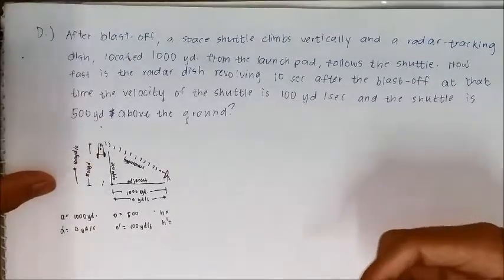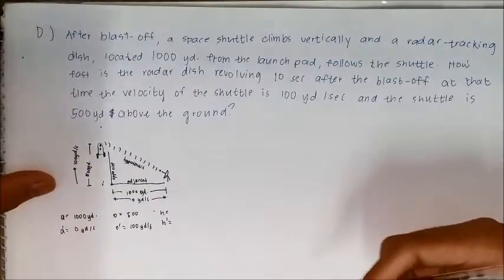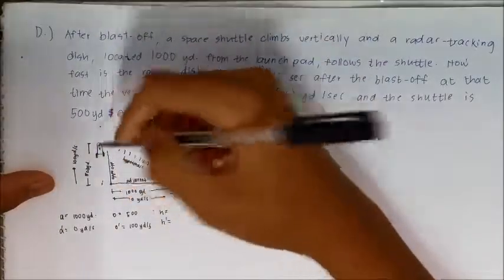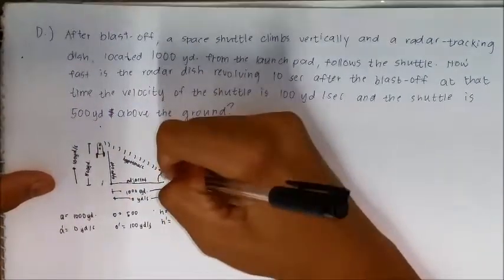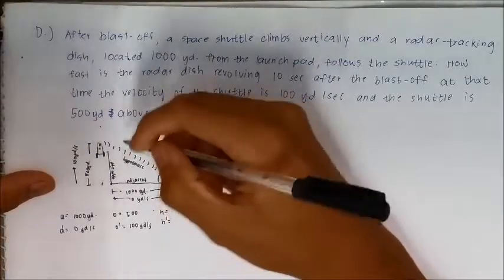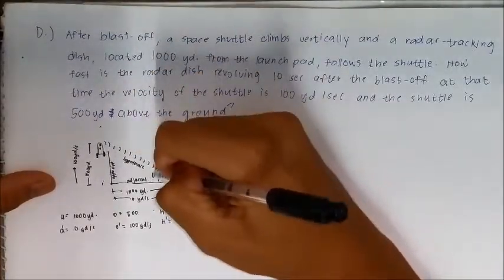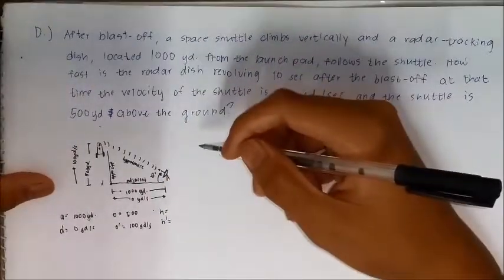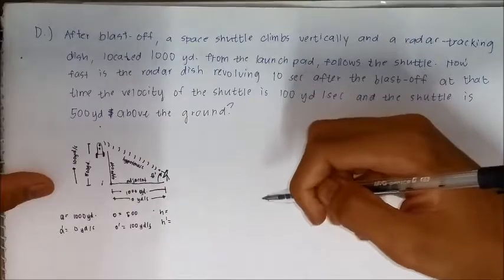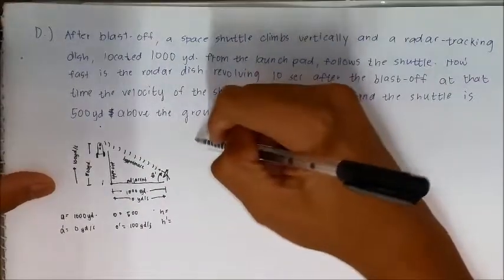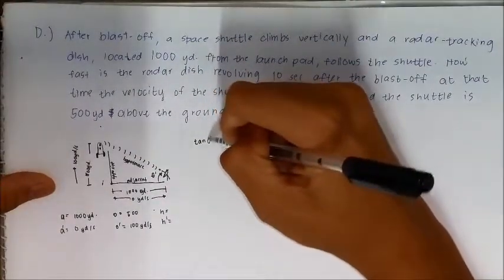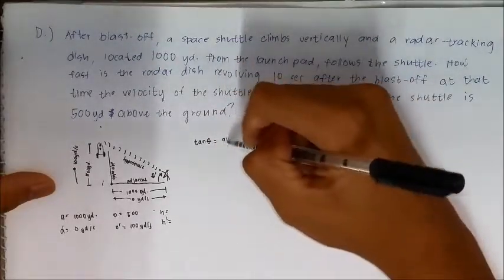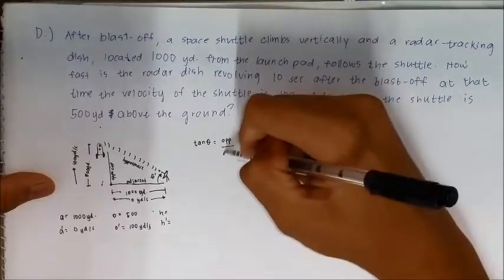Okay, so what we're looking for is how fast the radar tracking dish is revolving, so how fast it is moving up following the space shuttle. So we're looking for the rate at which the angle changes, angle prime. We're given opposite and adjacent, so we're going to use tangent. Tangent is equal to opposite over adjacent.